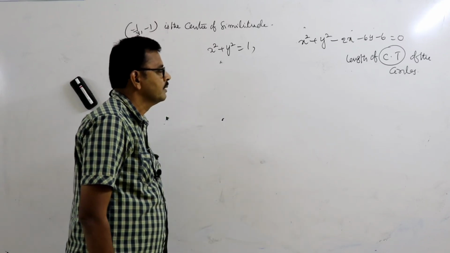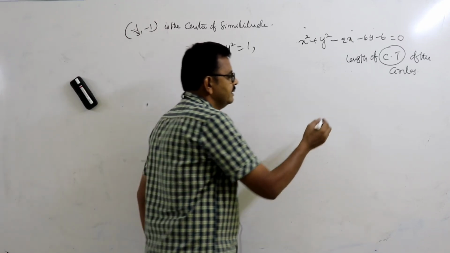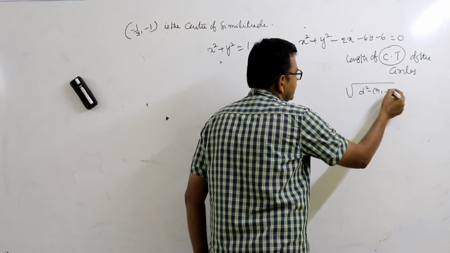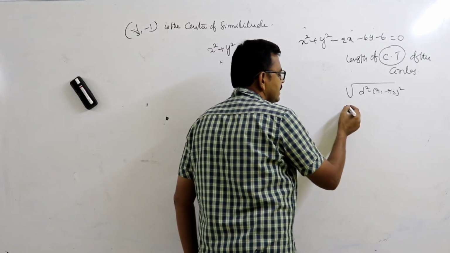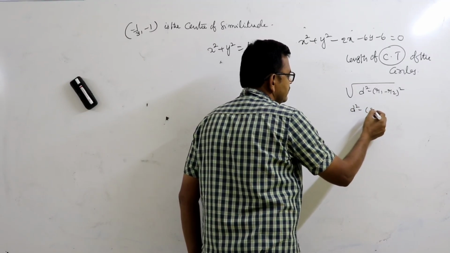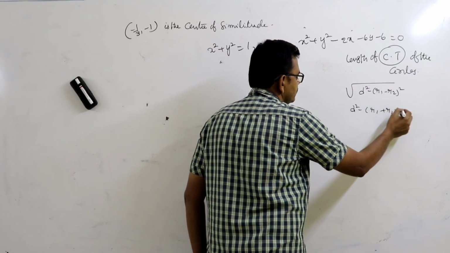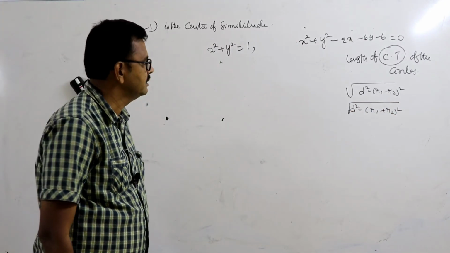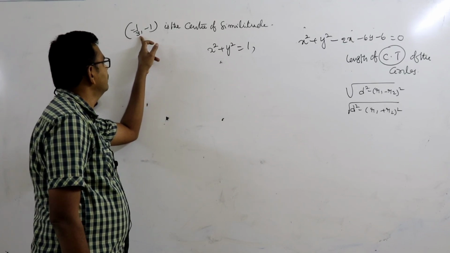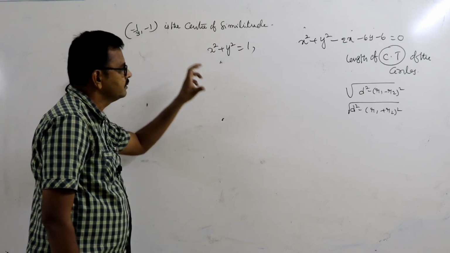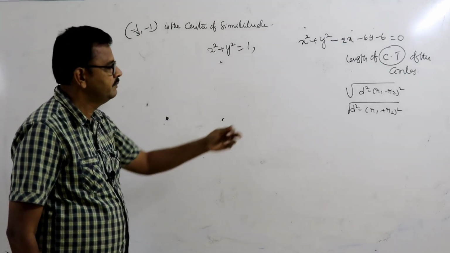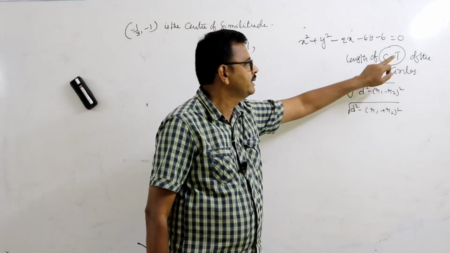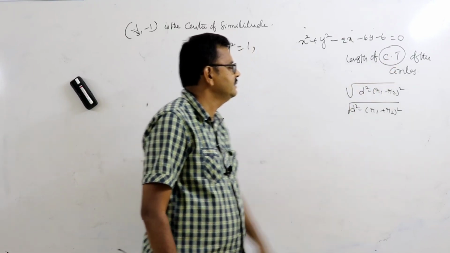If it is a direct common tangent, the formula is root of d square minus (r1 minus r2) whole square. If it is a transverse common tangent, root of d square minus (r1 plus r2) whole square, where d is the distance between their centers. Without using the point, you have to calculate, but it is given only as common tangent.